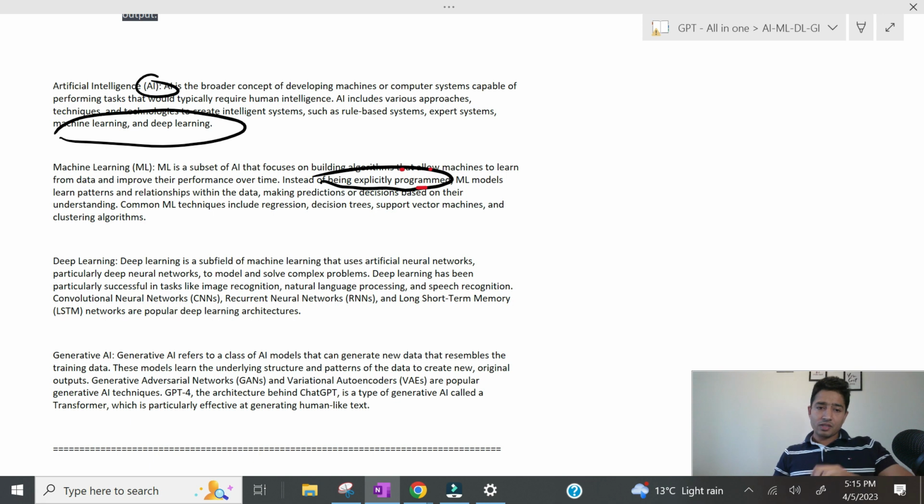So we have covered AI, ML, deep learning, and now we are touching generative AI. The whole idea of generative AI is that it is different from the existing AI or ML models because it can generate something new. And by new I mean, for example, we humans, right?